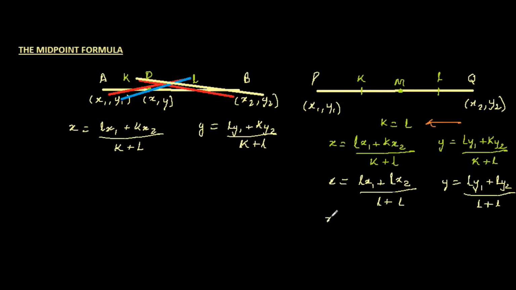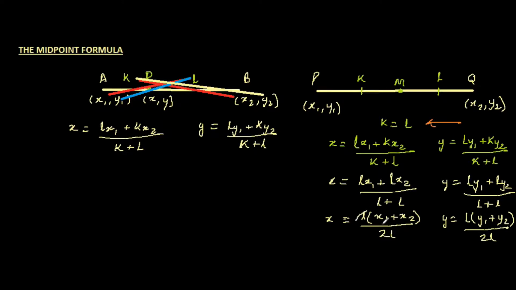And if I simplify that, I can factor out the L here, so the x coordinate becomes L times (x1 plus x2) over 2L. And the y coordinate, again I'll factor out the L, becomes L times (y1 plus y2) over 2L.